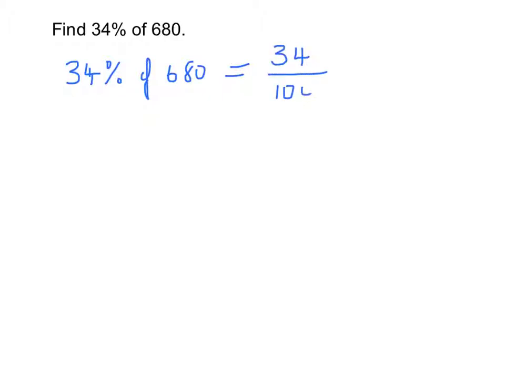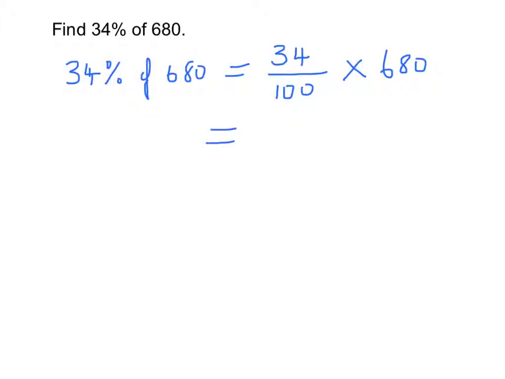Let's say I was asked to find 34% of 680. Let's do that. Just like before, we'll write it as a fraction. 34% is 34 divided by 100. Multiply that by 680.